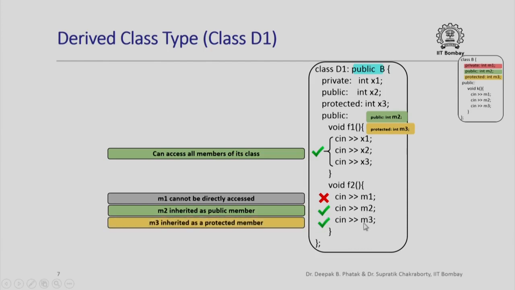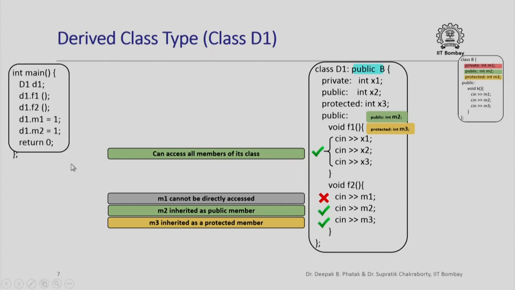And similarly for M3, M3 is once again a data member of the base class B, but it is a protected data member, which means it can be accessed within derived classes, but not in the main program. But here I am trying to access it within the derived class, in the definition of this member function of the derived class. So this is okay, I can access it.